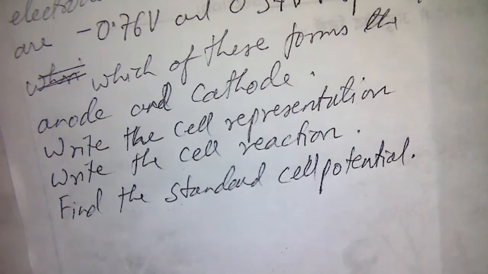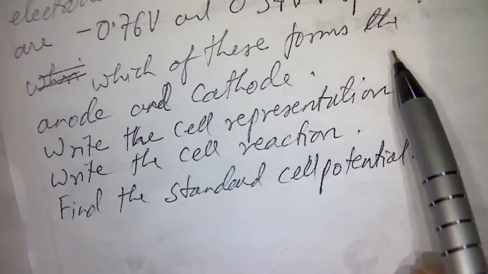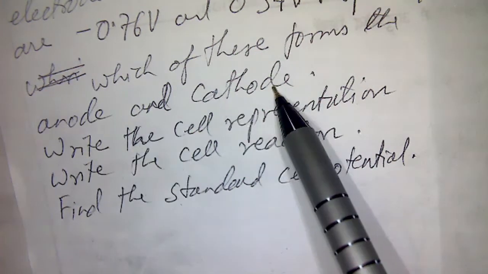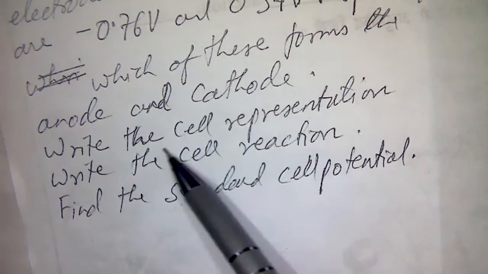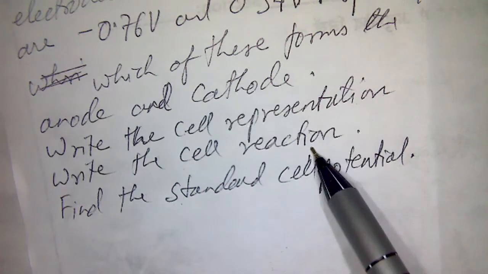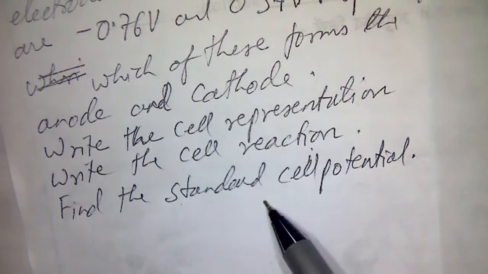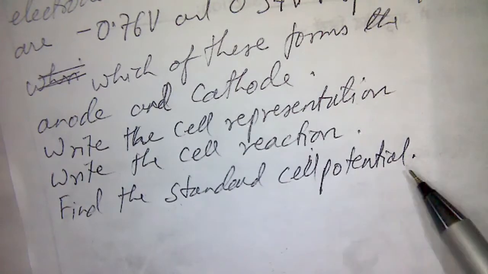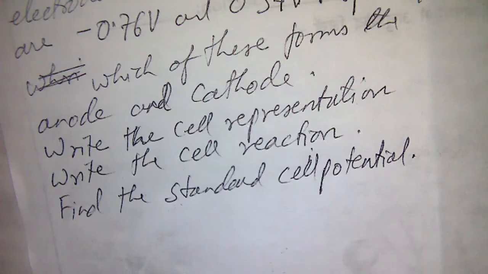Understood? So I have given you which of them forms the anode and cathode, how to write the cell representation, how to write the cell reaction, and how to find out the standard cell potential. So how do we do these things?